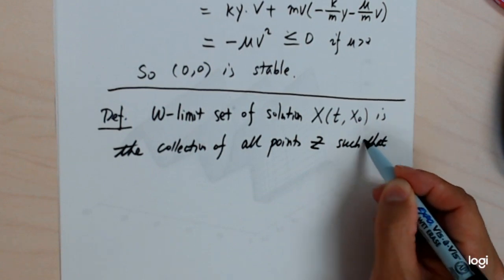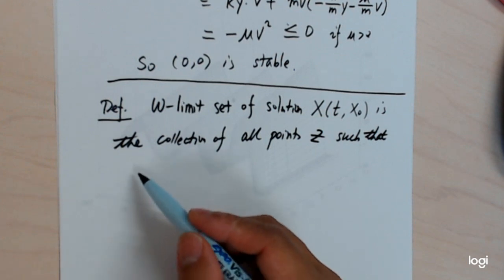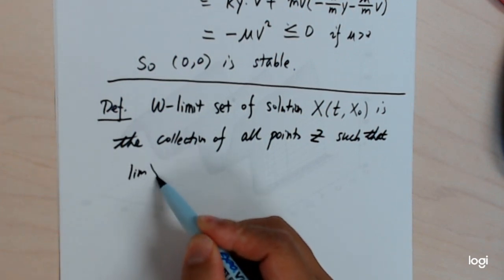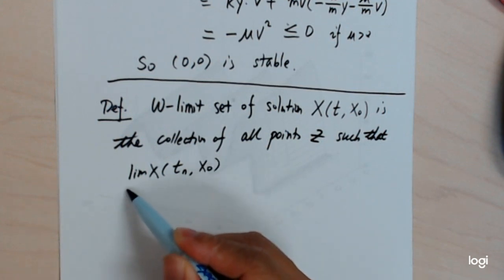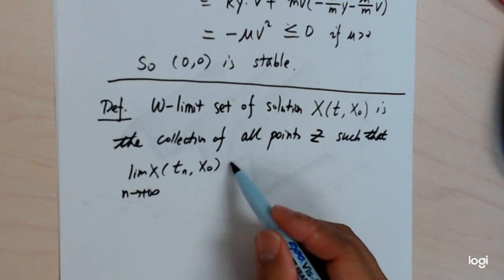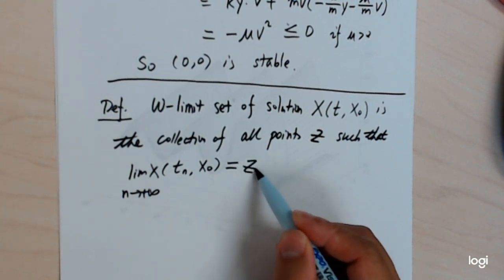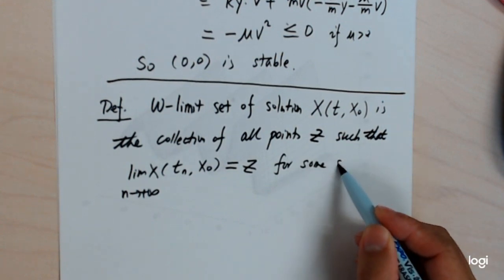The omega limit set refers to the collection of all the points z such that there is a time sequence, and as n goes to infinity, the solution approaches this point z for some time sequence going to infinity.